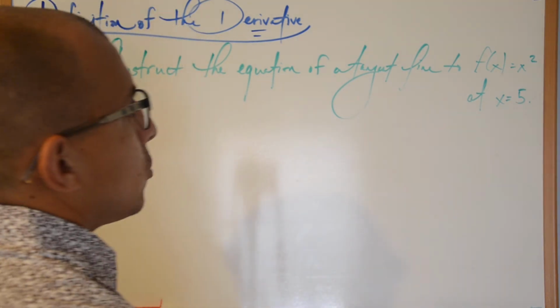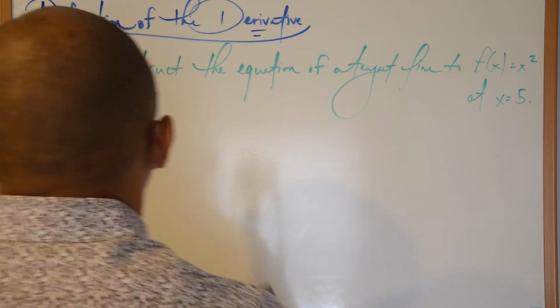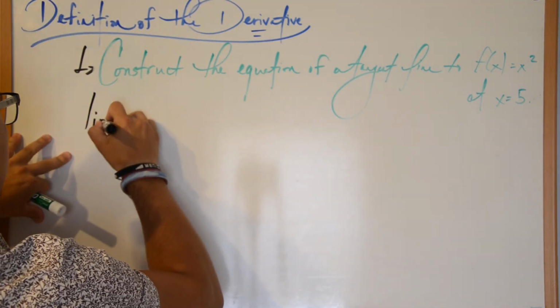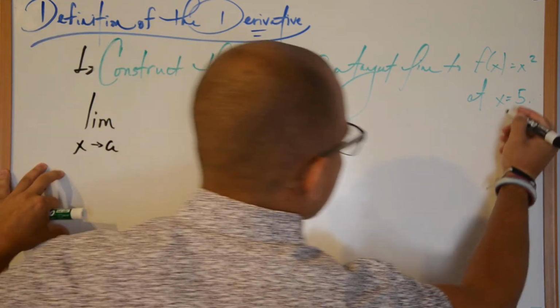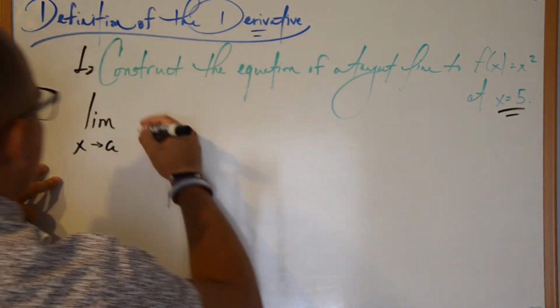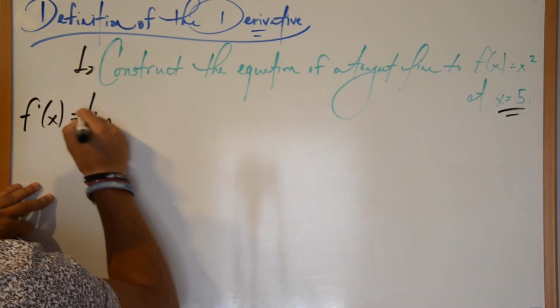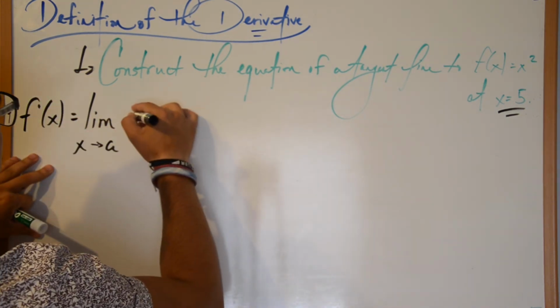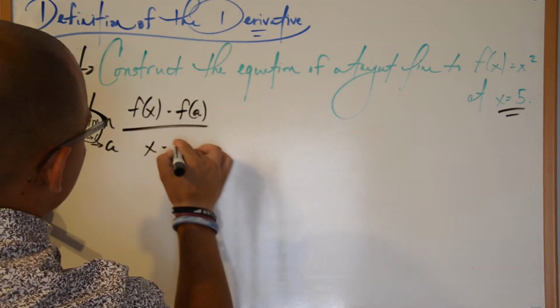Alright, so if we refer back to our definition, our definition says the limit as x approaches a. The reason why I want to use this one is because we have a defined value that we've been provided. f prime of x, because we need the derivative, that's the slope of the tangent line, is f of x minus f of a divided by x minus a.